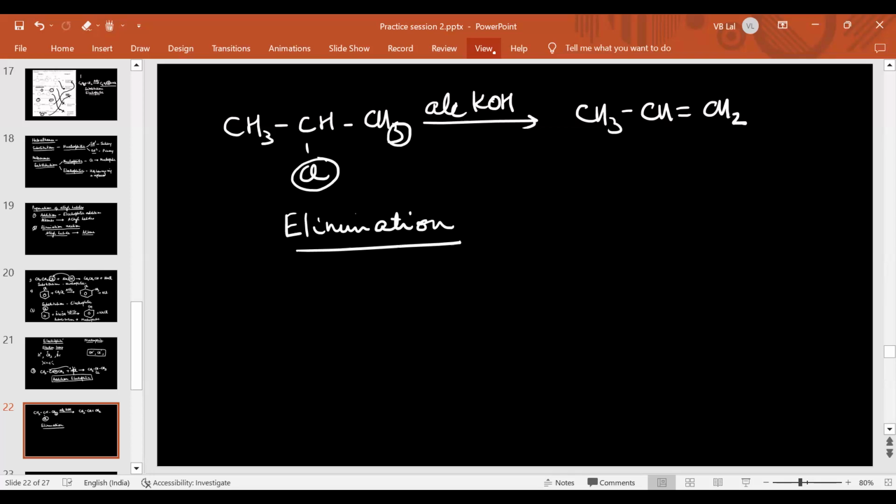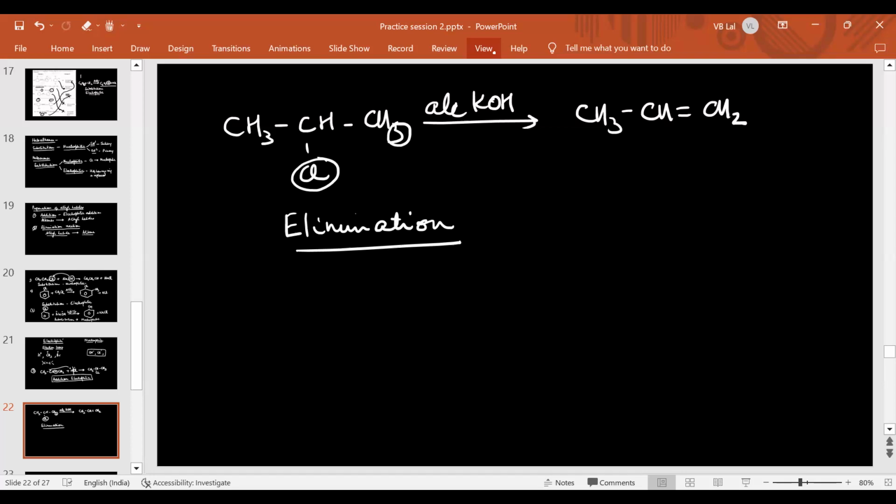So there are three types of reactions you have to identify: first addition, then substitution, and then elimination. In substitution, you should be able to identify whether it is nucleophilic or electrophilic. And the addition reactions that you have learned so far are all electrophilic.